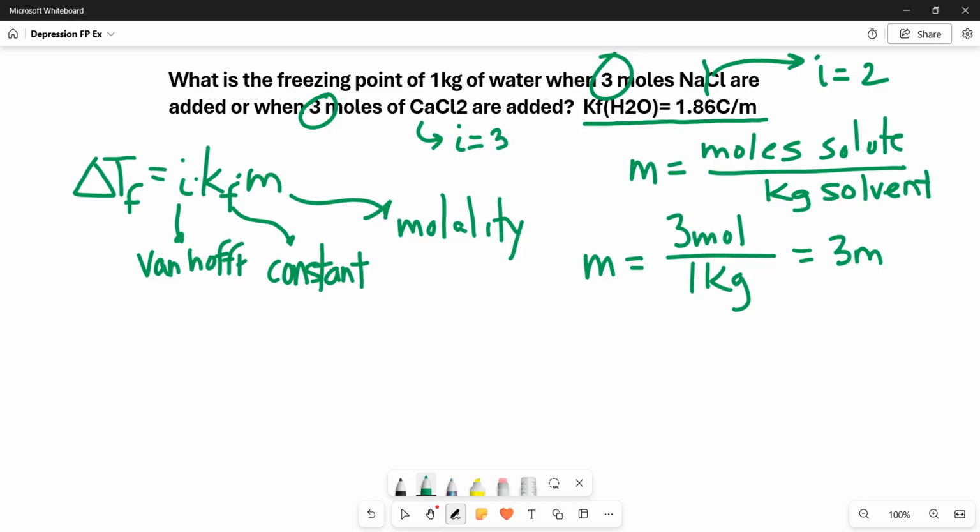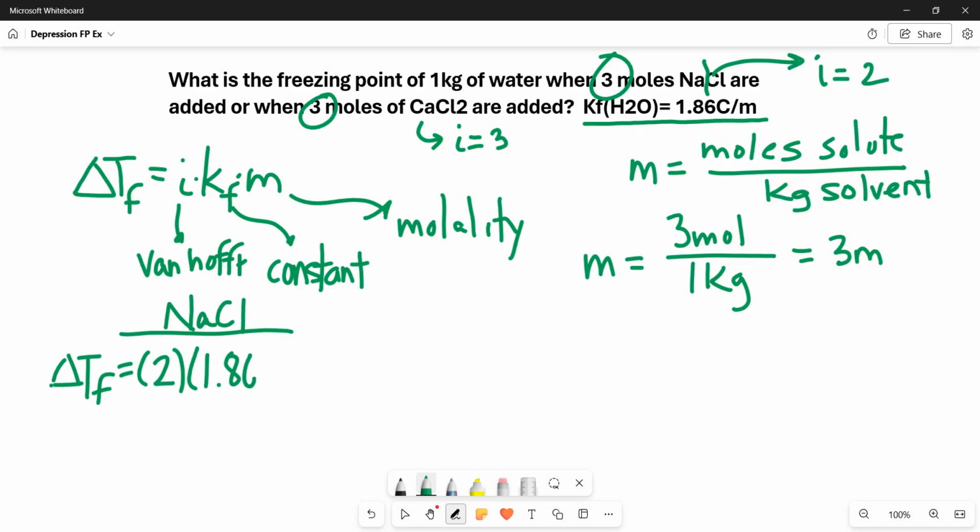Okay. So let's go ahead and do the sodium chloride problem. So the change in temperature is going to be the Van't Hoff factor, which is 2 for sodium chloride, times the constant, which is 1.86 degrees Celsius per molal, times the molality, which is 3 m.